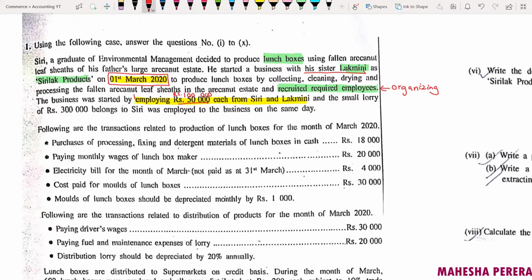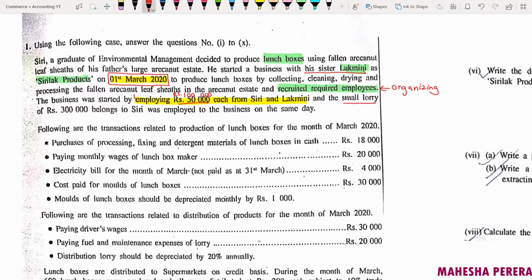Next, the small lorry of 300,000 rupees belongs to Siri. Now, this lorry is a personal vehicle of Siri, and it is invested as capital to this business.